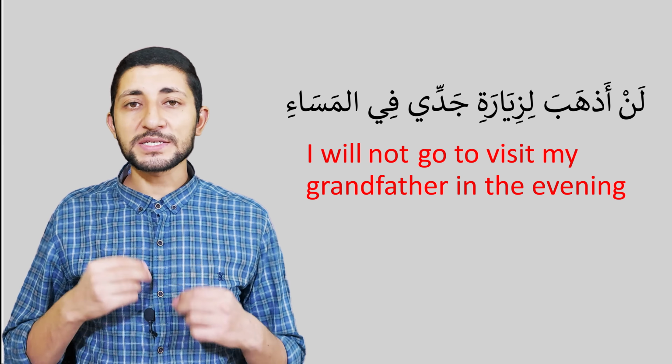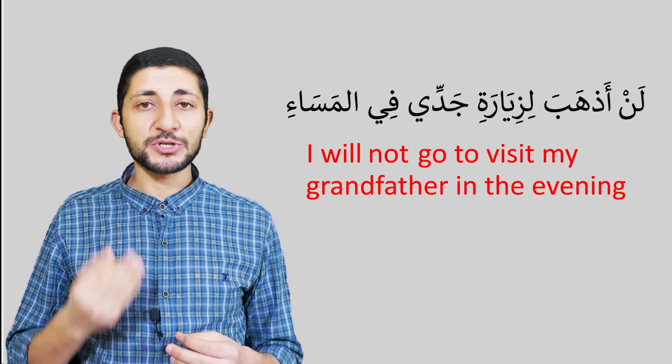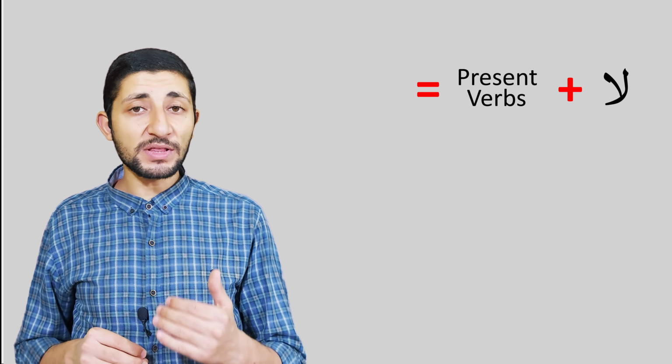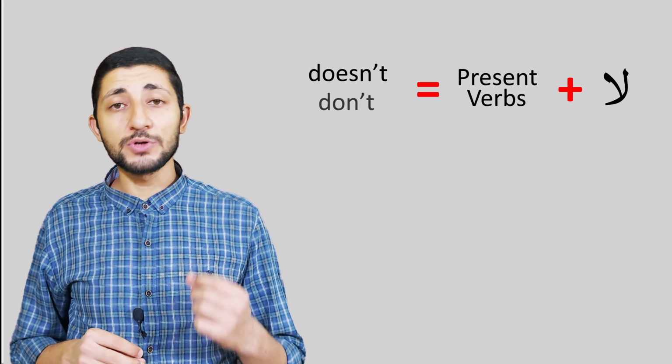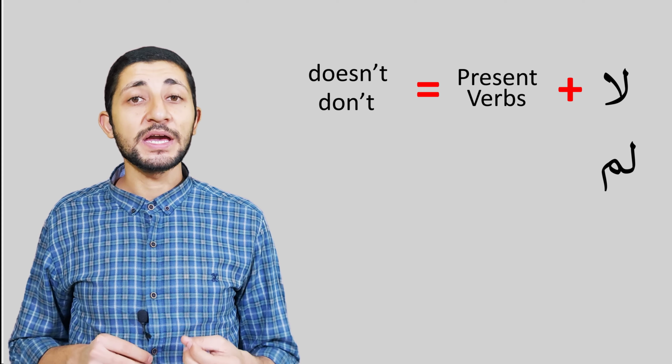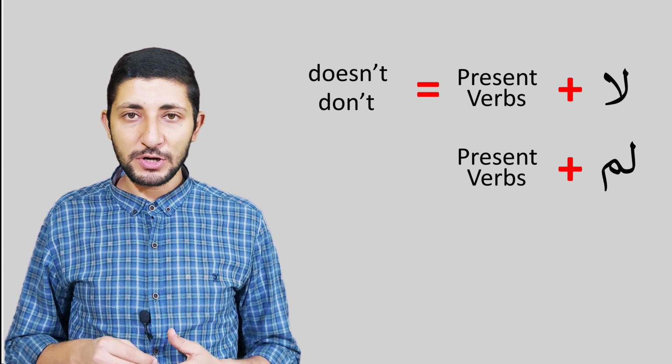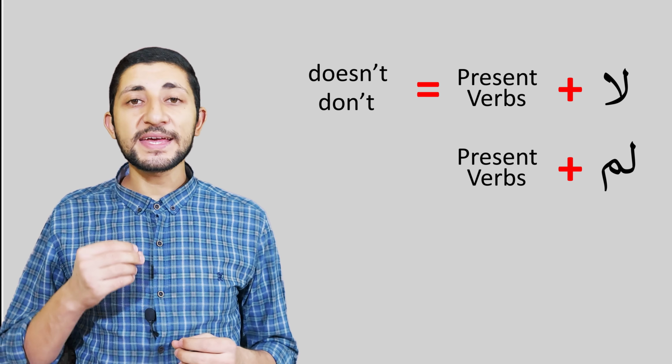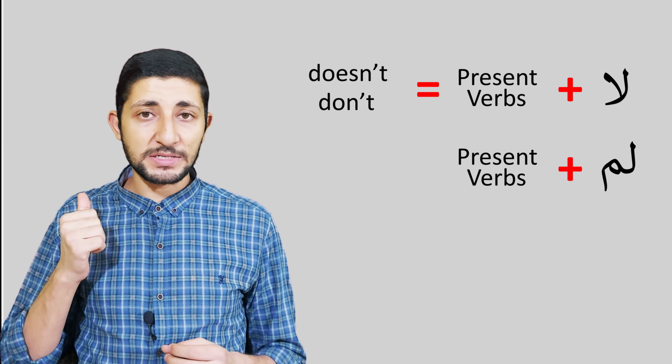Here is a quick summary about the 3 prepositions we talked about so far. The first preposition, لا, is used with present verbs in order to negate an action which is happening right now in present. And it's equivalent to doesn't or don't in English. The second one, لم, is also used with present verbs, but this time to negate an action in the past.